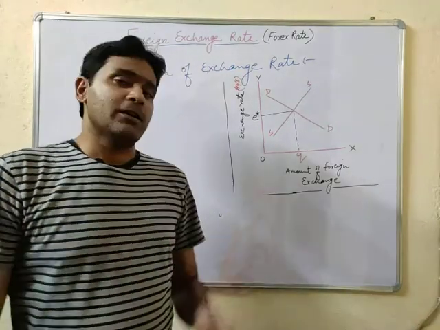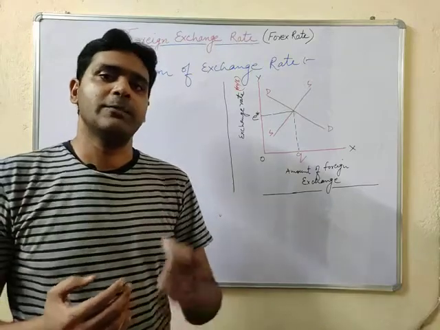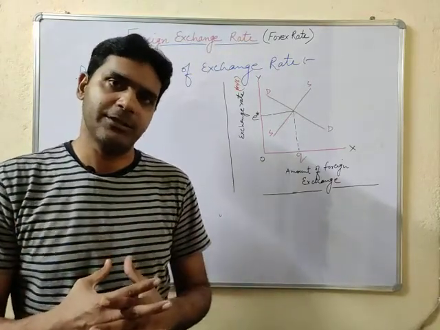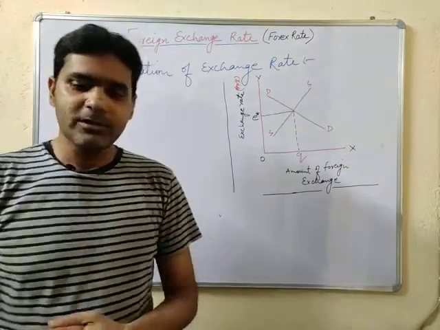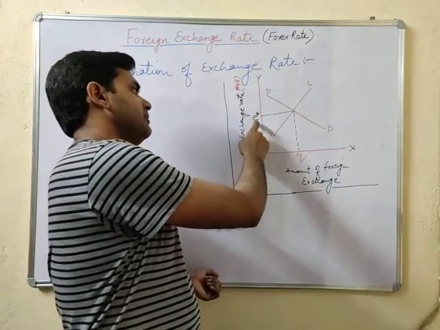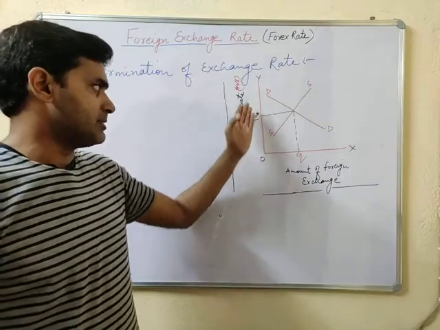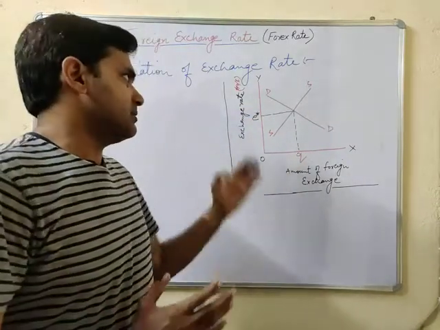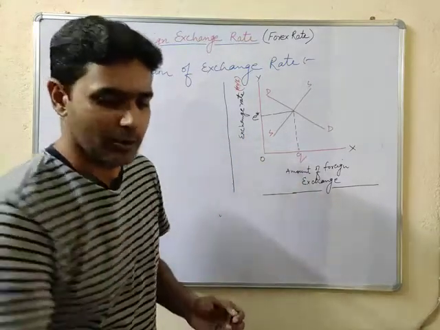So in a free market, the determination of exchange rate will be done at a point where the market forces intersect each other, which is the point over here. So this is the point of exchange rate determination. The exchange rate will be E star, and say for example it is the exchange rate between rupees and dollar. As we can say that 70 rupees is equal to $1.